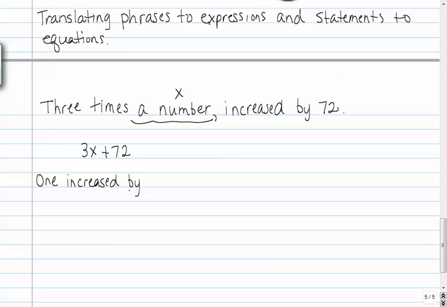Like the next one, 1 increased by 2 equals the quotient of 9 and 3.